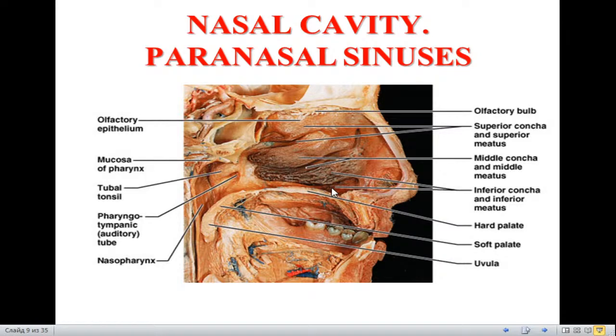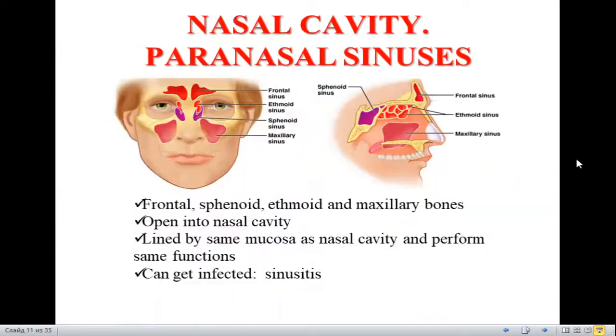And paranasal sinuses are the cavities inside the frontal, sphenoid, ethmoid, and maxillary bones, which open into the nasal cavity.